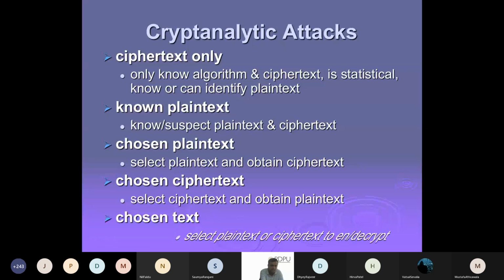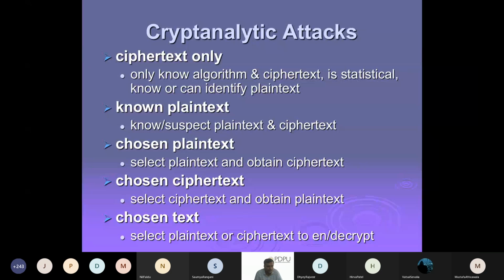The next one is a combination of plain text and ciphertext. It means either the attacker asks for the plain text by giving the ciphertext, or gives the plain text and asks for the ciphertext. Whatever the attacker wants, and even here the attacker can ask multiple times.